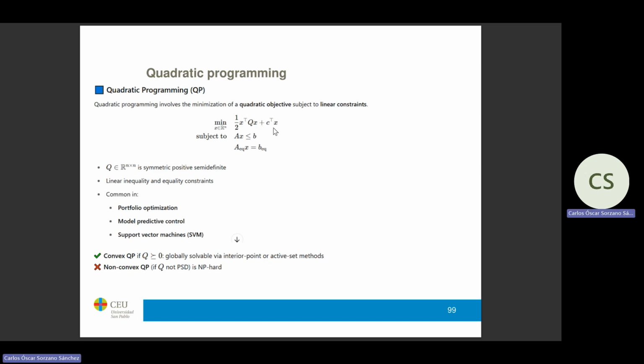But if this is not positive semi-definite, then the problem becomes non-convex. Then you have all the problems associated to non-convex optimization, that is, it has multiple local minima. It depends on where you start. So if Q is not positive semi-definite, then you have a non-convex problem that is NP hard to solve and so on. So that is fine.